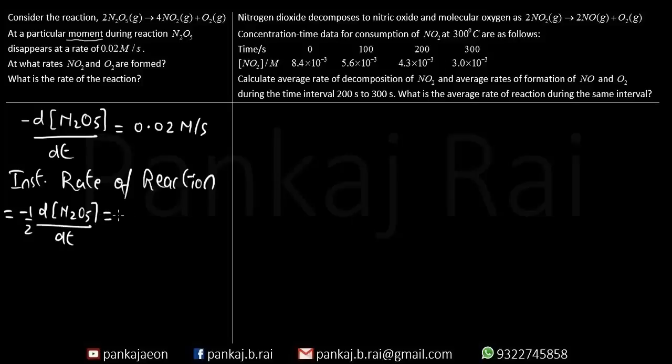It is also equal to plus 1 by 4 change in concentration of NO2 upon change in time, which is also equal to, here you can see it is only 1 by 1, so it will be 1 only, change in concentration of O2 upon change in time.